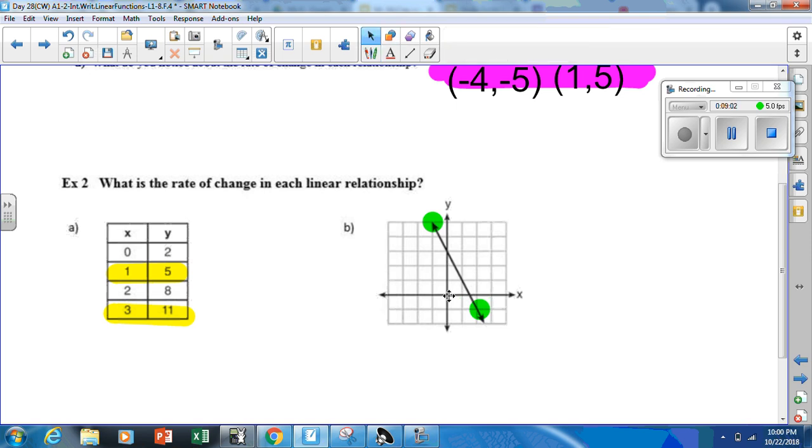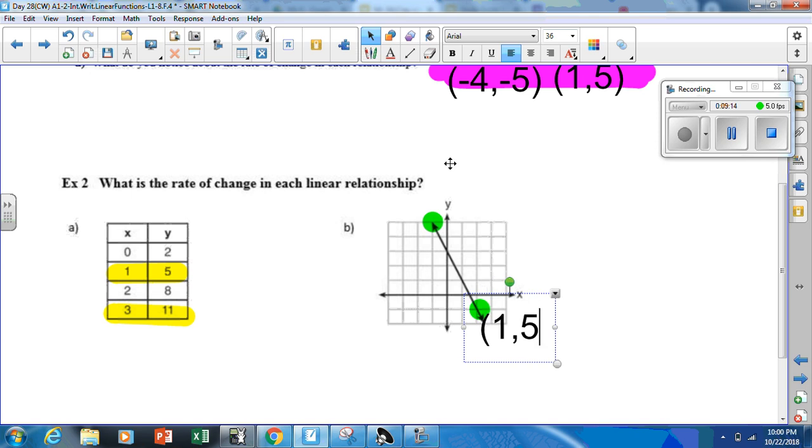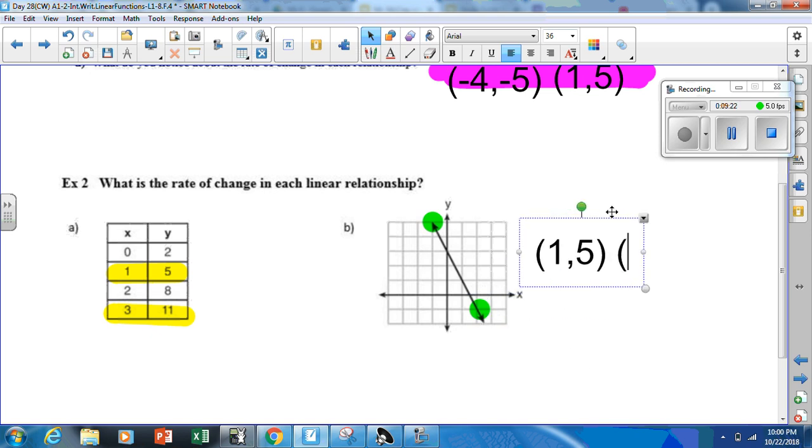Okay, so let's find out what we are. If I go over 1 and I go up 1, 2, 3, 4, 5, my solution will be (1, 5). Look at the next one. I am going over 1, 2, and I'm going down 1.